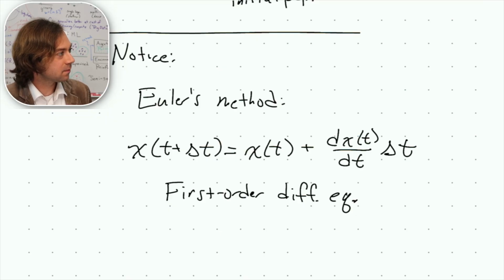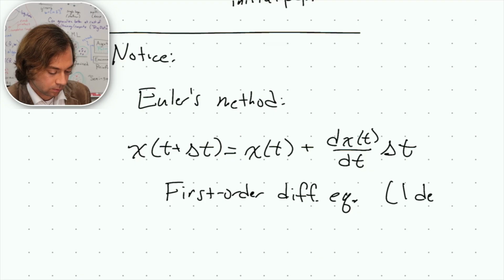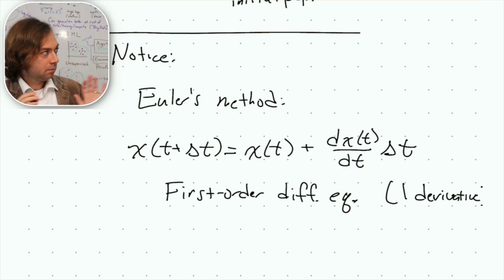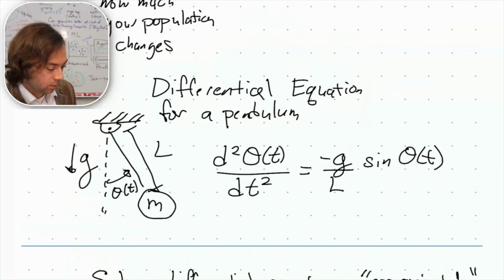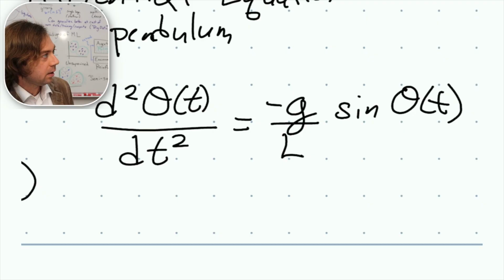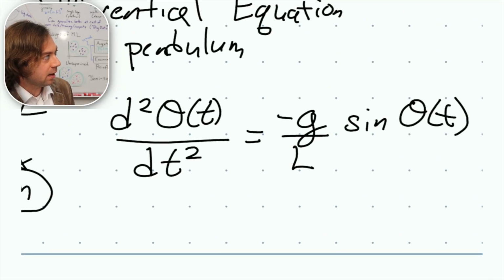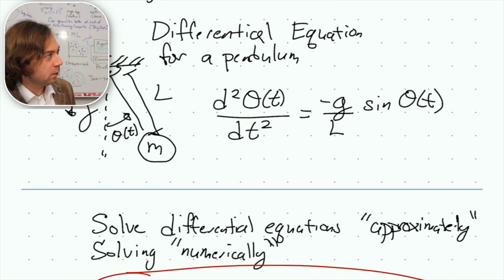First order means only one derivative. It worked really well for this population model, but how is it going to work with things with multiple derivatives? I'll scroll back up to my pendulum right here. That's a second derivative with respect to theta, right? So we're going to have to learn how to deal with that.